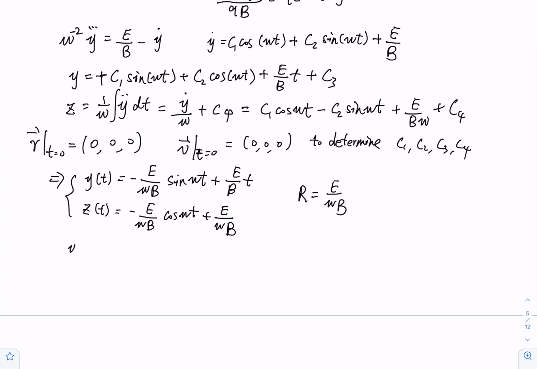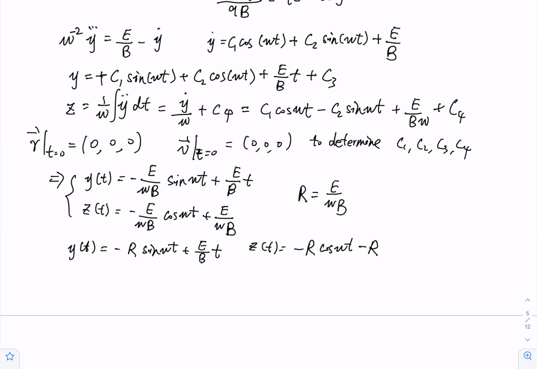Here y of t is minus R sine omega t plus E over B t, and z of t is minus R cosine omega t minus R.